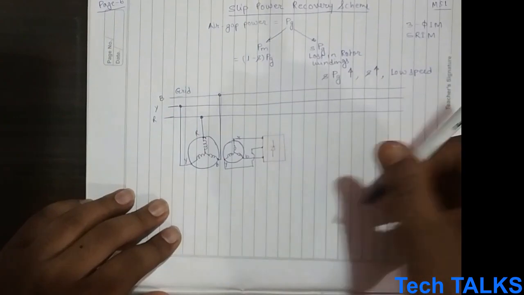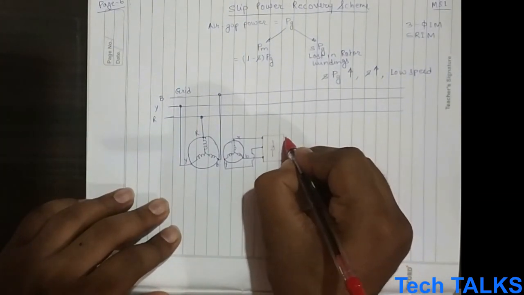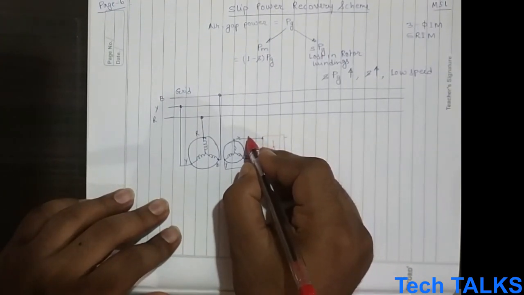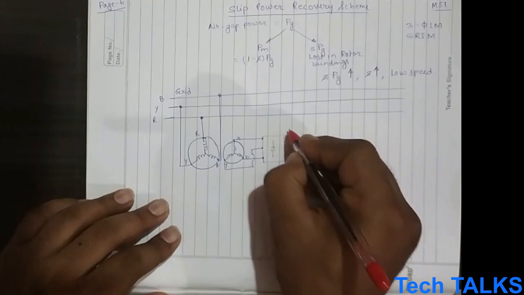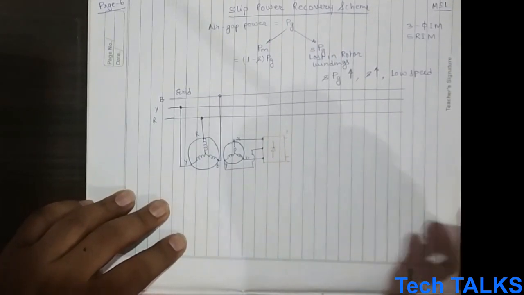So now this part is AC, this part is DC. Obviously this will be positive and this will be negative.